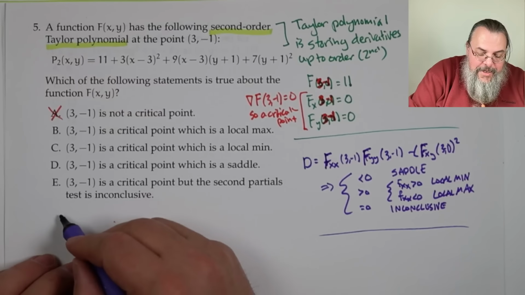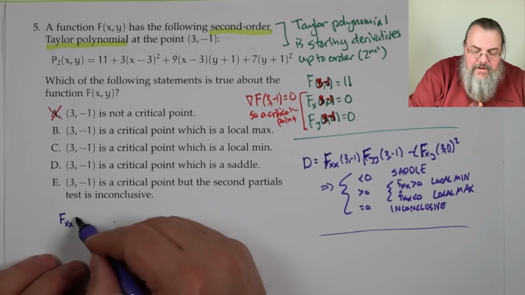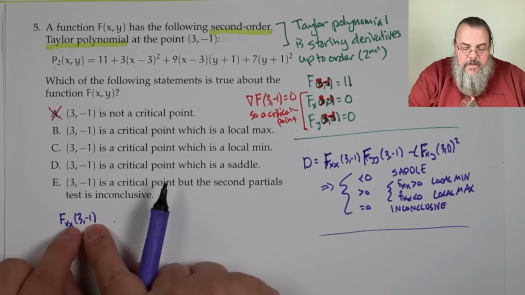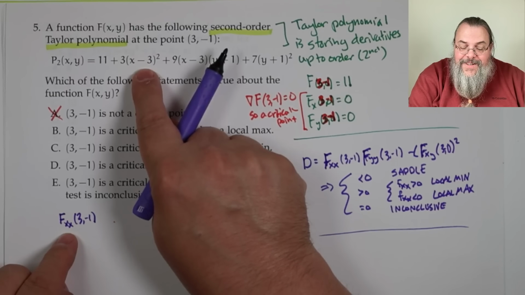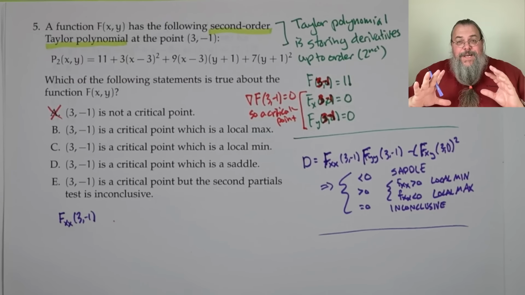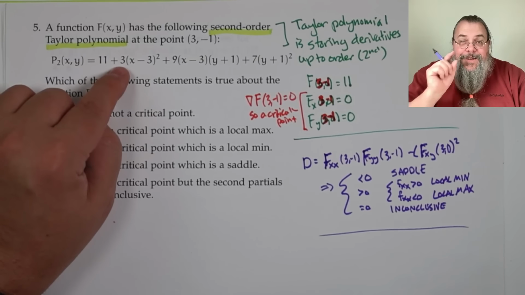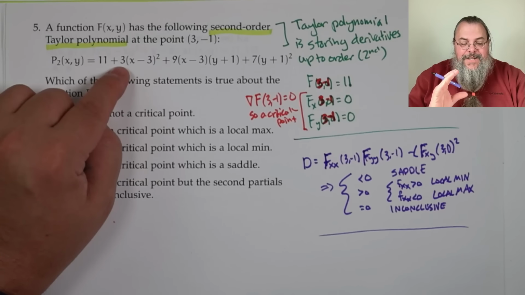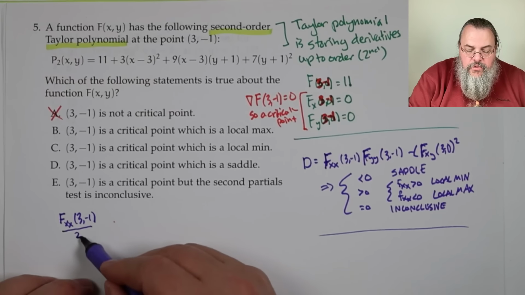Okay, so we keep going here. Now, what is fxx at 3, negative 1? See how we have xx? So we're looking for the term that has the x squared piece to it. What's the coefficient? Now here's the part where you have to be careful. Is this fxx? It's almost fxx, it's really tempting. But you have to remember, it's that coefficient divided by 2.